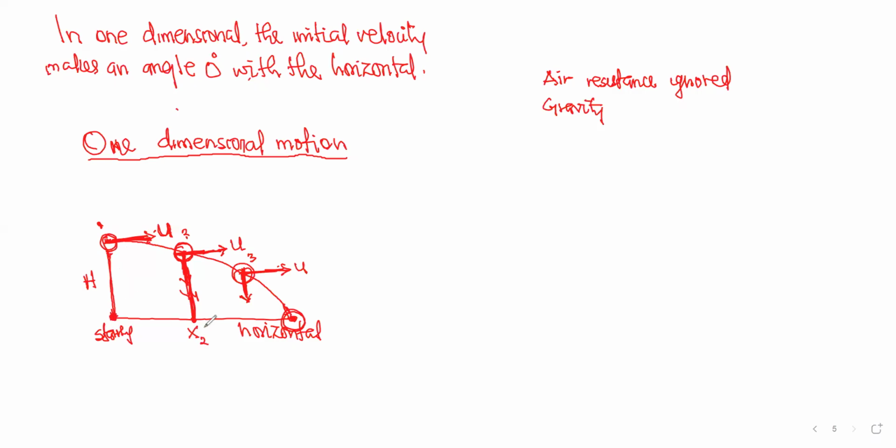Now, X2 is the horizontal distance traveled. X3 is the horizontal distance traveled after time. So this is time after time T1, T2, till it hits the ground.